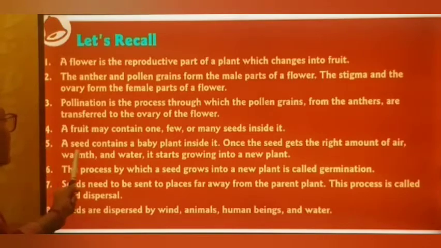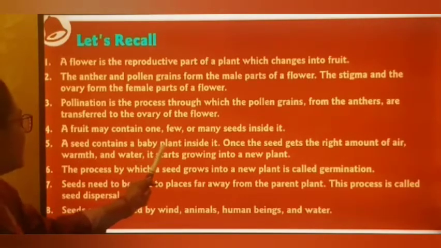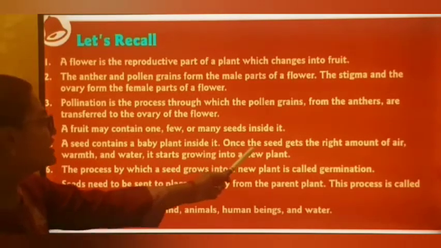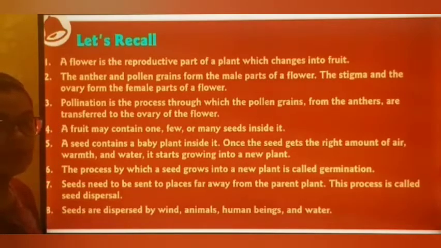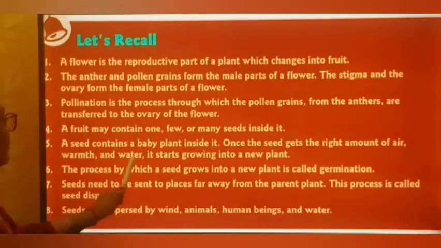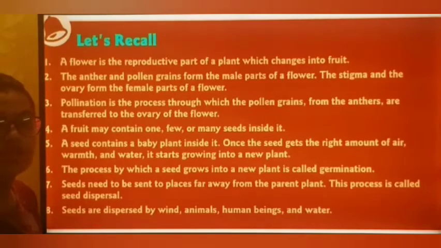Then a seed contains a baby plant inside it. Once the seed gets the right amount of air, warmth and water, it starts growing into a new plant. The process by which a seed grows into a new plant is known as germination.